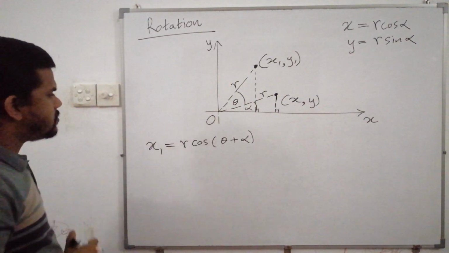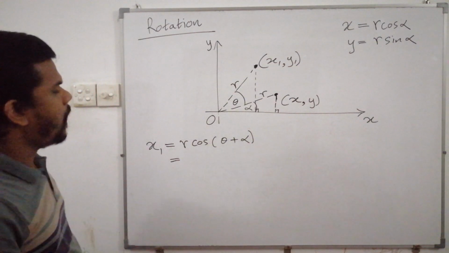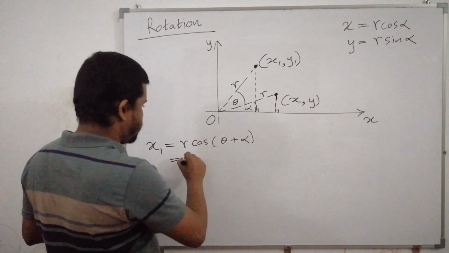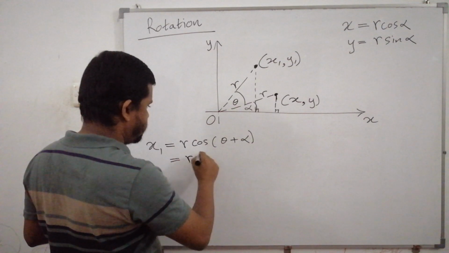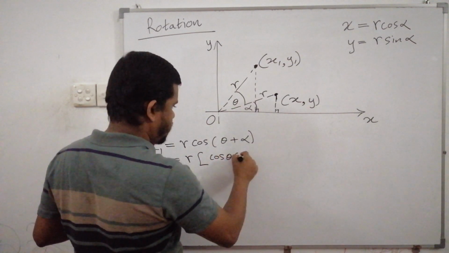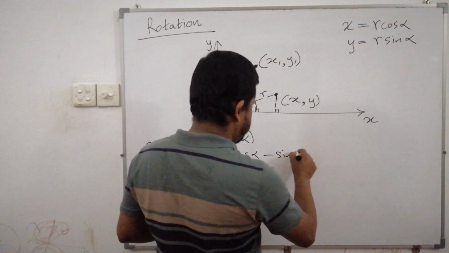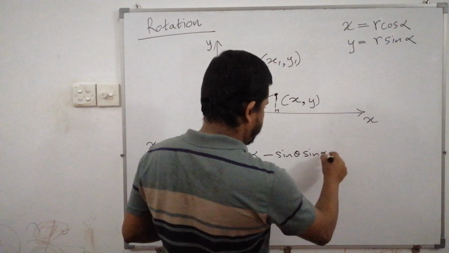Now, if you expand this, r cos theta cos alpha minus sin theta sin alpha.